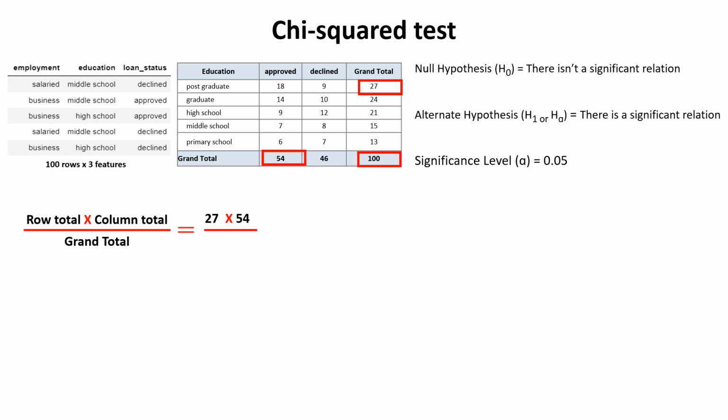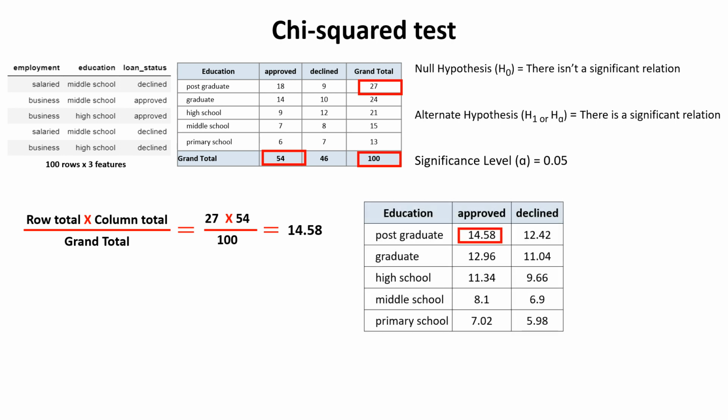Then we are going to take total number of rows available in this data frame, which is 100, and ultimately we come up with this value, which is 14.58. Exactly the same thing we are going to repeat for each of the rows and each of the columns. In the next step, we will calculate for graduate, and for that we will do the multiplication of 24 into 54 divided by 100. So after doing this calculation, we come up with this table.